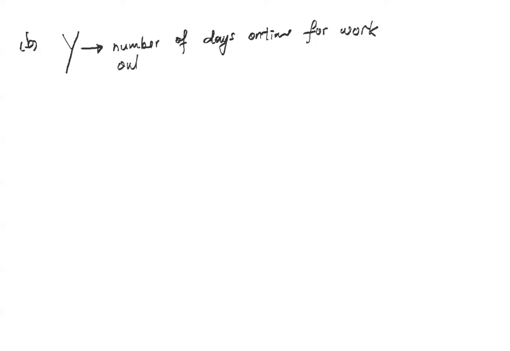So now I have to define another variable, that is my Y: the number of days on time for work out of how many days? 5 days. So this is a new way.